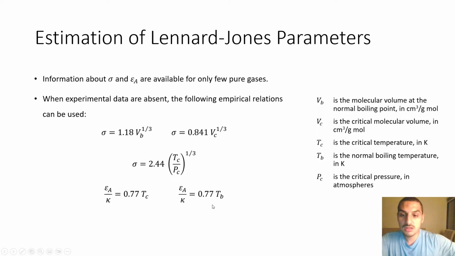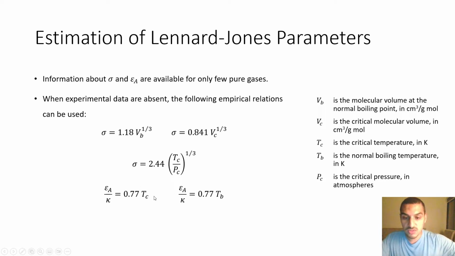There are equations to calculate sigma, which are these 3. Sigma can be calculated based on the molecular volume at the normal boiling point. This one calculates sigma based on the critical volume. This one calculates sigma based on the critical temperature and the critical pressure. Whatever information you have, you can use to calculate sigma.